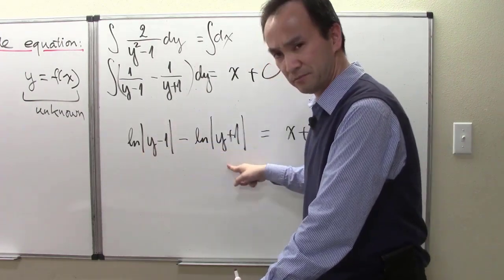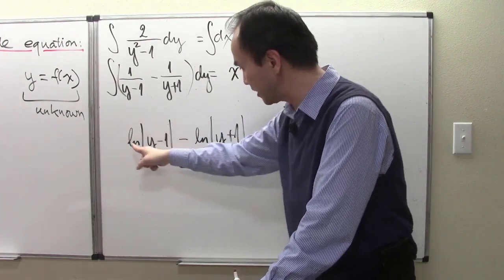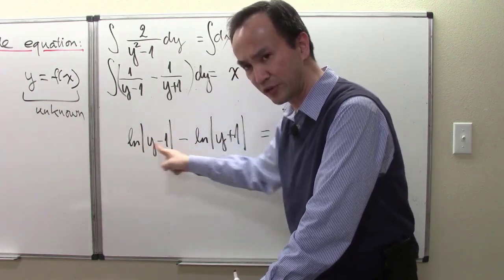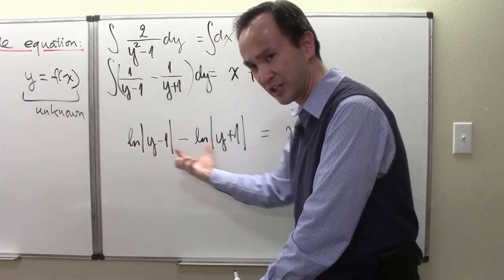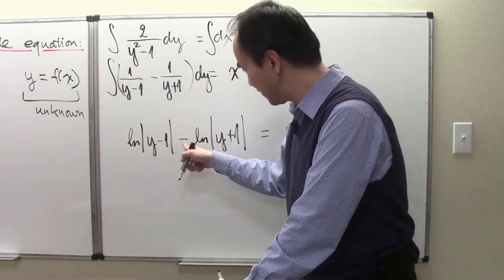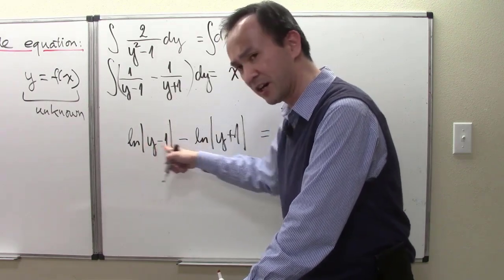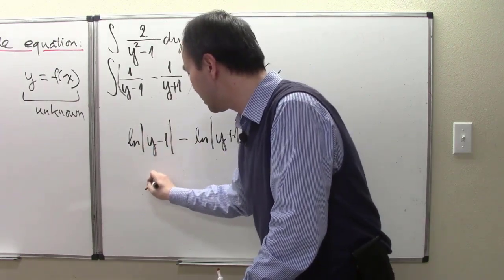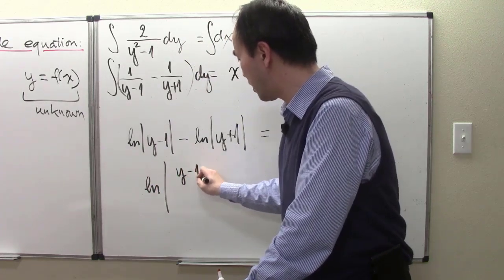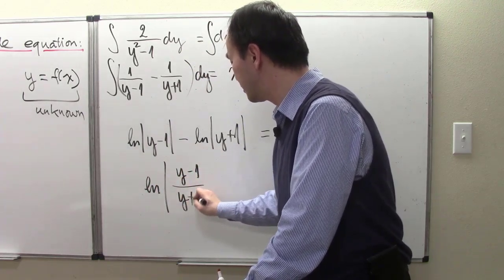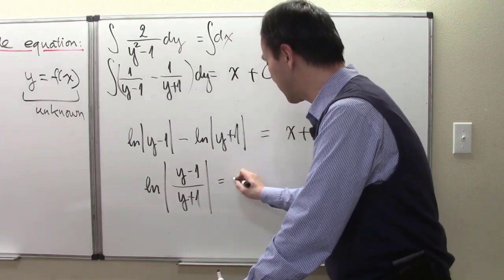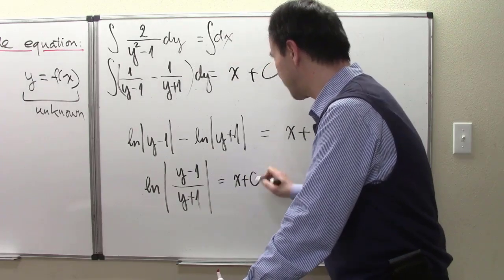Among the properties of logarithms, we're looking at two terms being subtracted, two separate natural log terms, now in a difference. The difference of two logarithms of the same kind, we can turn into a logarithm of a quotient. So now it's natural log of y minus 1 over y plus 1 in absolute value, and all of that equals x plus c.